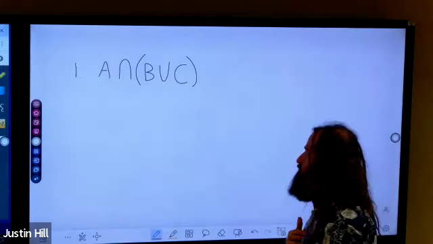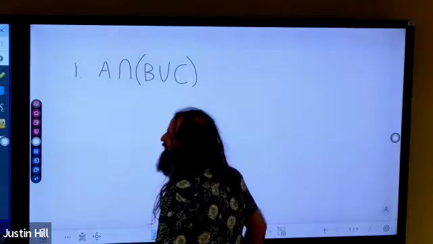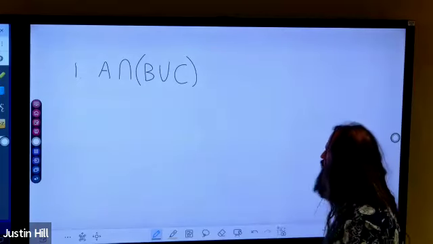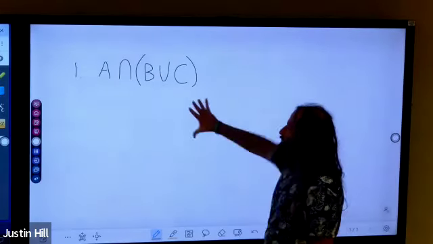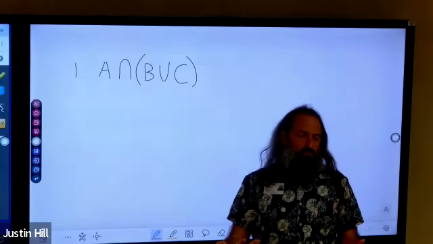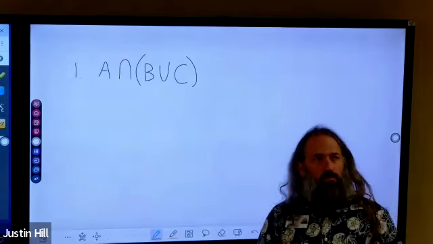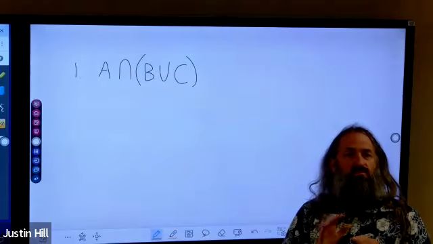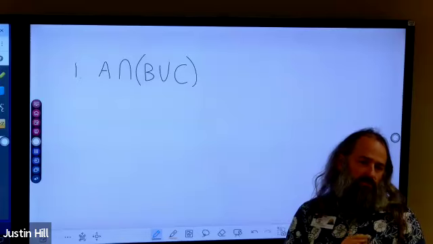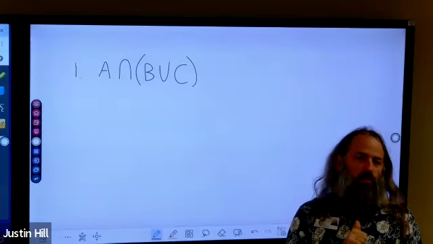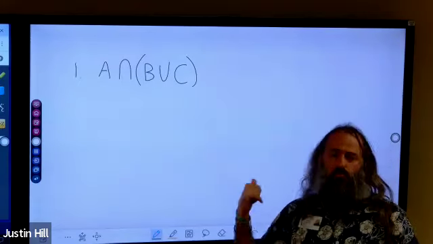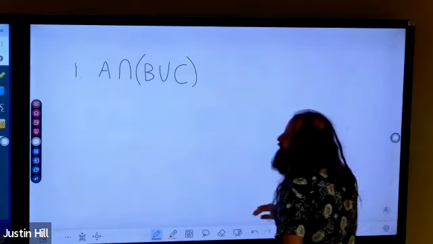What does that mean? It means that it is in blank and it is in blank. Notice again, I'm not going to specify what these sets are, and it actually doesn't matter. I want to prove that something is true about these sets no matter what's in A, what's in B, what's in C, etc.